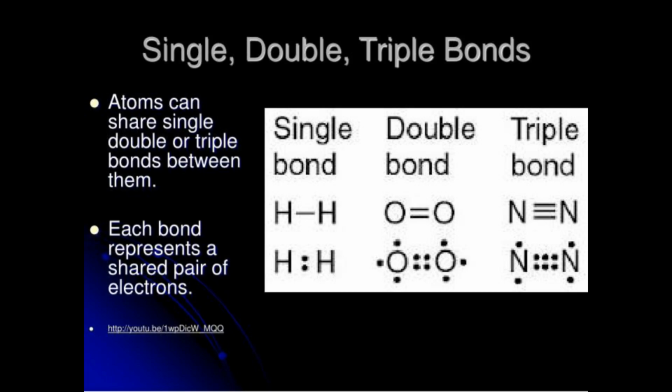So you are going to have 4 electrons at the middle like this. And of course, like I've said, 2 electrons make 1 bond. So 4 will make 2 bonds. So we have an oxygen double bond.